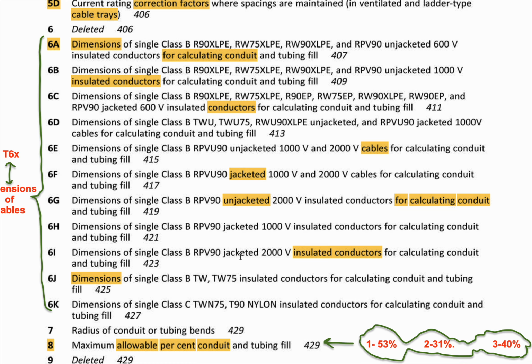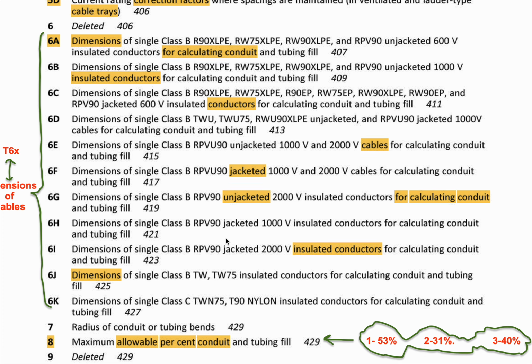So you will search in table 6, find 6K, and because it is about T90, you find the dimension and volume of the wires, 10 wires of size 14 AWG, in mm2. You can use this volume or dimension to size the conduit.